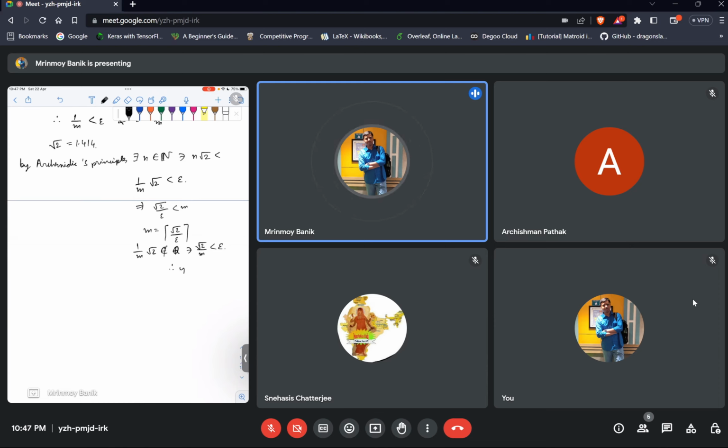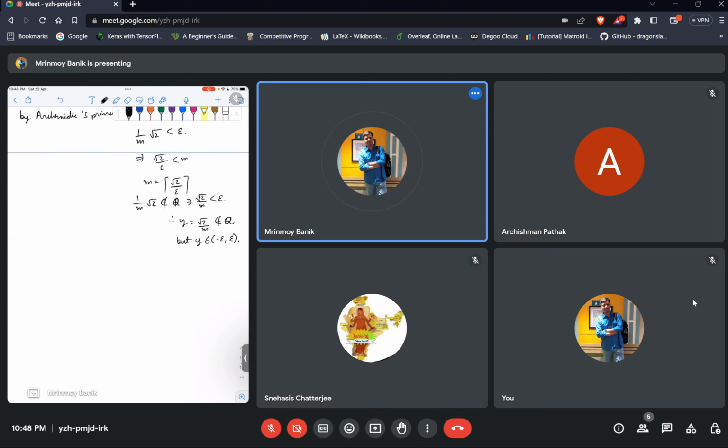So therefore, y equals root 2 by m is not inside Q, but y is inside minus epsilon to plus epsilon. Since it's positive, it's inside the interval, right? So we have proved the first hurdle, that it doesn't follow.